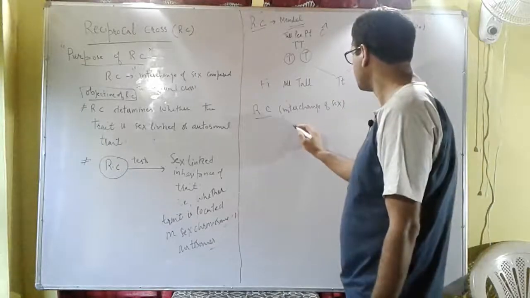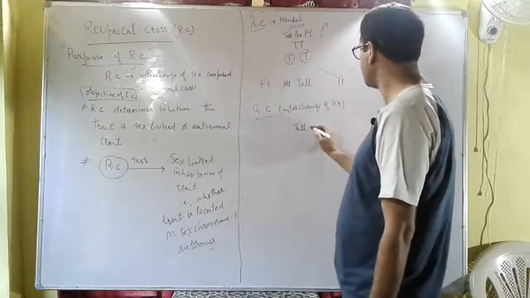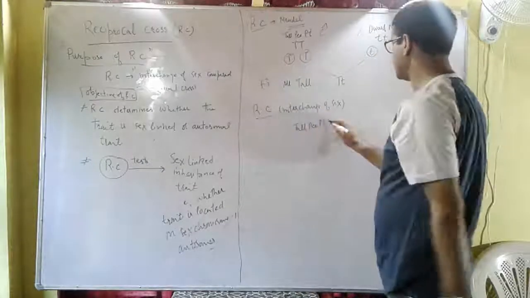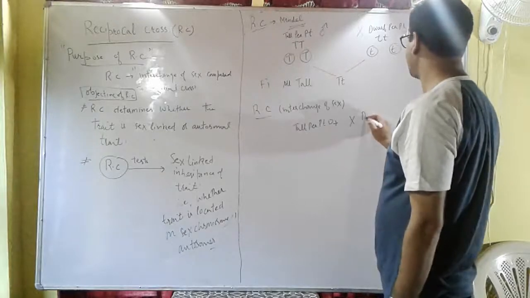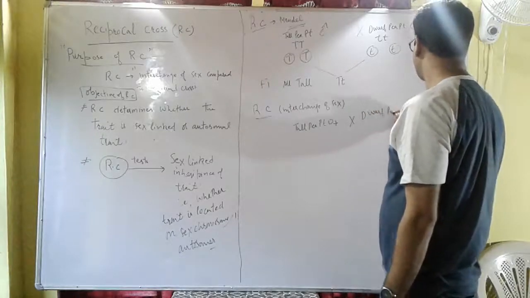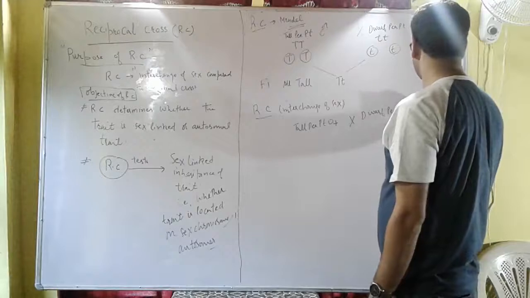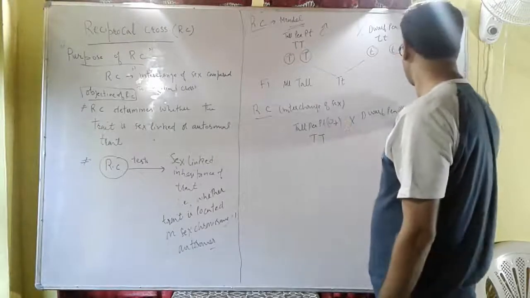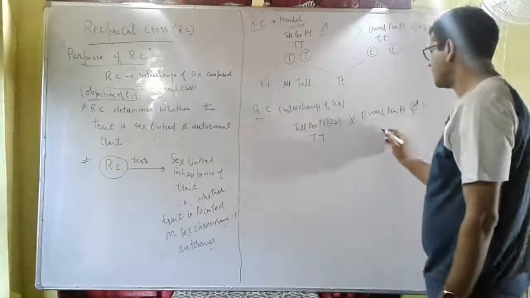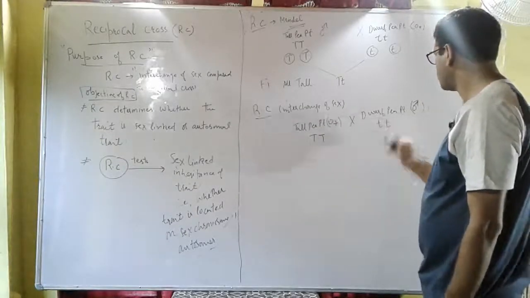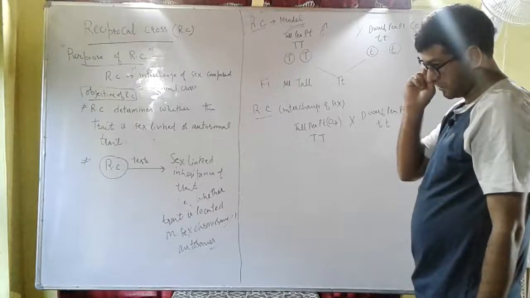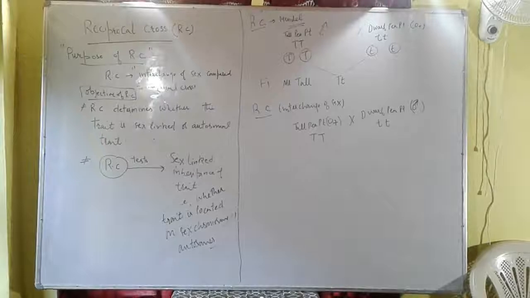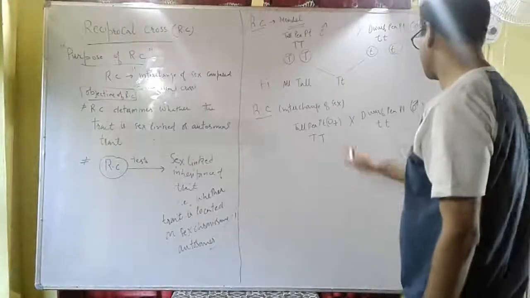Here the tall pea plant was taken as female, whereas before it was taken as male, and the dwarf pea plant was taken as male. The genotype is capital T, capital T, and small t, small t.